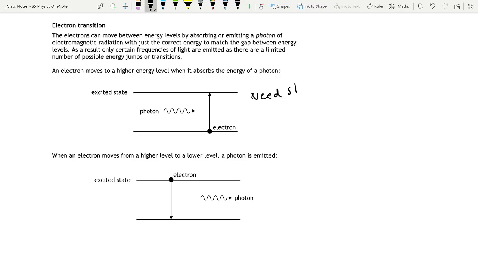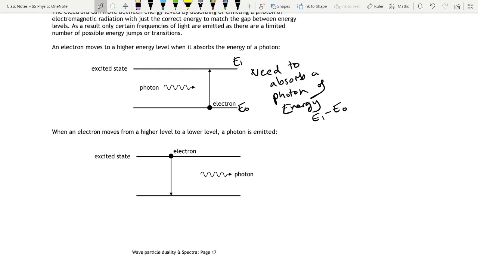So in the top one, for the electron to move upwards, it needs to absorb a photon of energy, if we call these E1 and E0, the energy will be E1 minus E0. So it needs that photon to be exactly the energy difference between those two states.